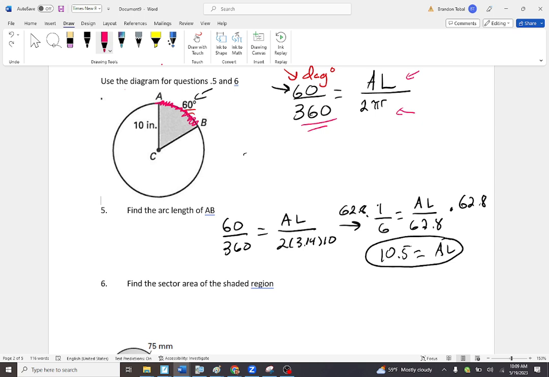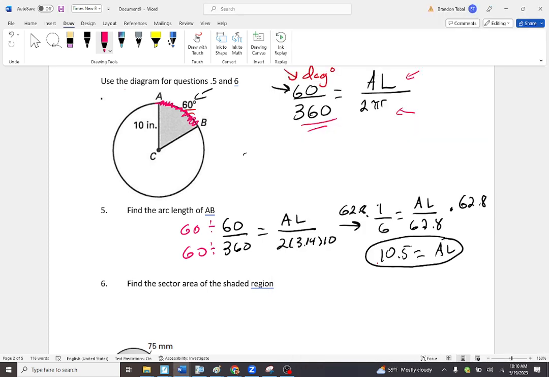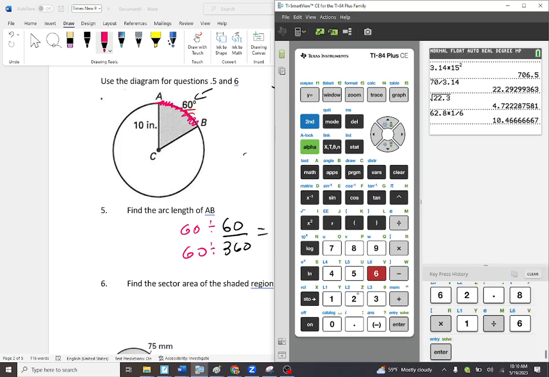Now let me talk about this. People were confused. 60 divided by 360. I divided 60 on top and bottom. I want to be clear though. If you don't divide 60 on top and bottom, you still get the right answer when you put it in the calculator. Let's say if it was 60 over 360, I would do 62.8 times 60 divided by 360.